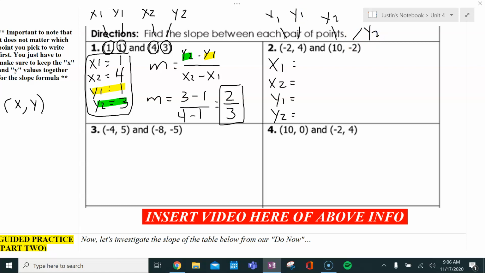Now that I have all of my numbers labeled, x1 is equal to -2, x2 is equal to 10, y1 is equal to 4, and y2 is equal to -2. Setting up my slope formula again, m equals y2 minus y1. My y2 is -2, my y1 is 4, my x2 is 10, minus my x1, which is -2.